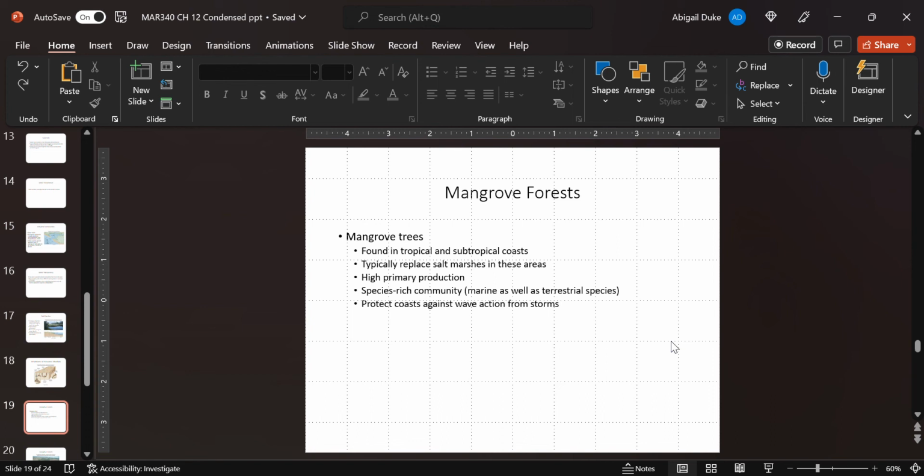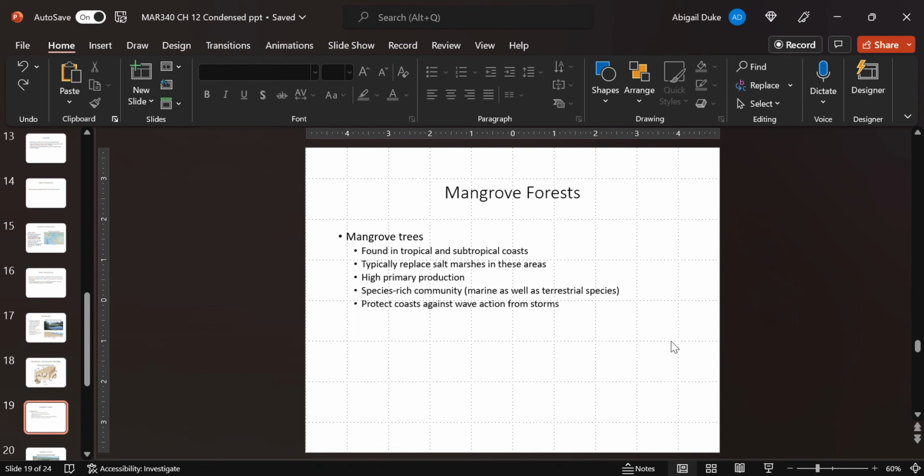Mangrove trees. They're found in tropical and subtropical coasts, typically replace salt marshes in these areas. High primary production, species-rich community, marine as well as terrestrial species. Protect coast against wave action from storms. So they're pretty great.